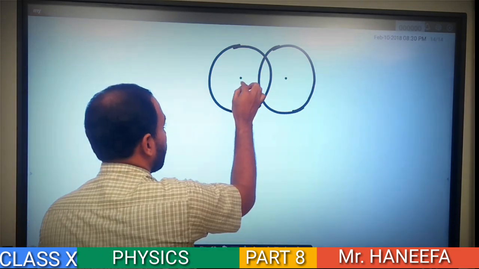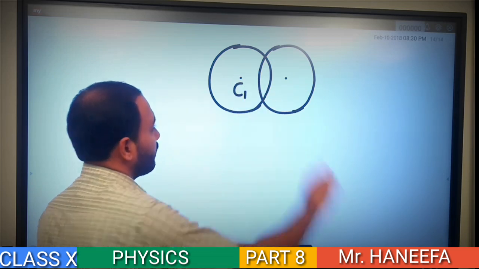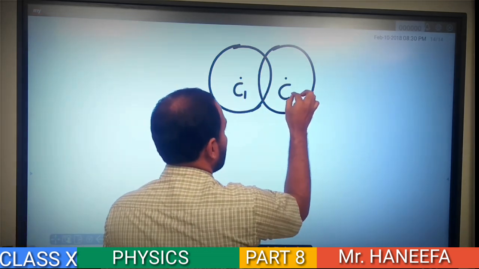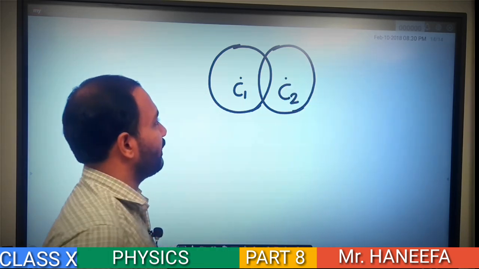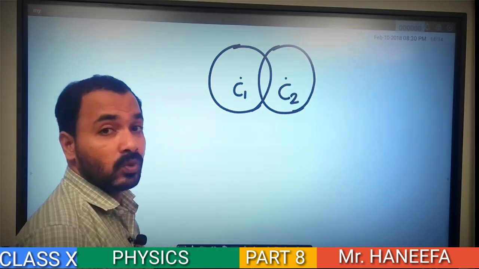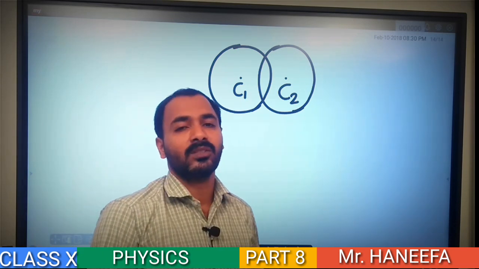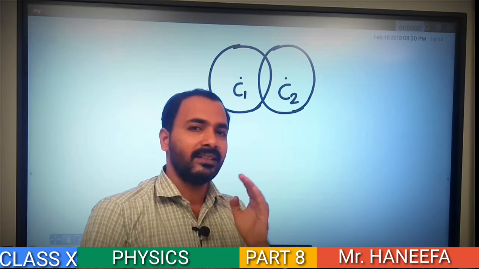Here is one center of curvature, represented by the letter C1. Here the center of the other sphere is represented by the letter C2. So a spherical lens has two centers of spheres, C1 and C2.